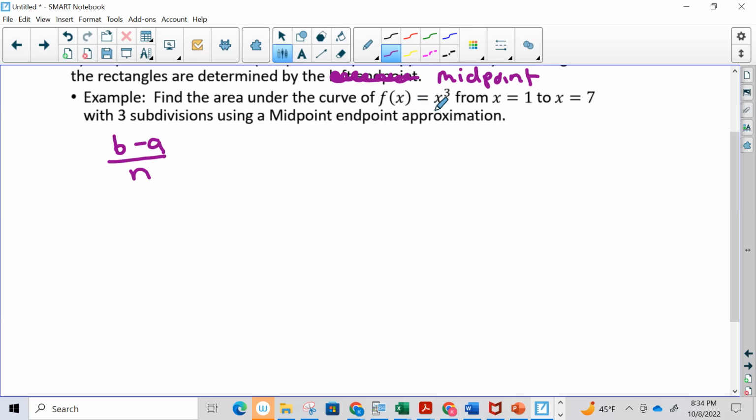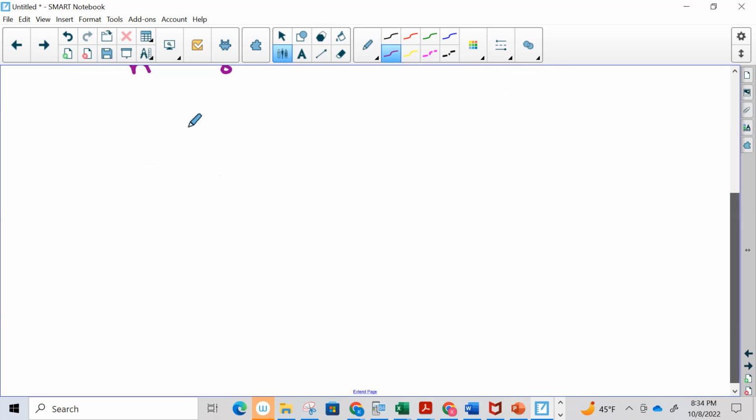Find the area under the curve of f(x) equals x cubed from x equals 1 to x equals 7 with 3 subdivisions using a midpoint approximation. So again, if we hadn't done this already, we'd have to do b minus a over 3. Again, our width is 2. We're doing that same curve.